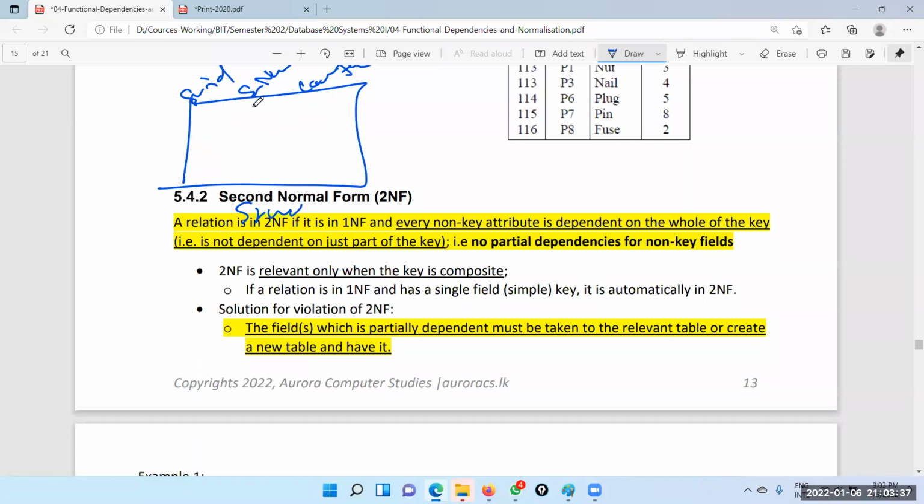Now you can clearly see that your student name depends on your student ID, which is your primary key. But if you take your course name or maybe something else related to courses, it is not related to student ID. So therefore, there's no dependency. It is sort of orphan. So then it is not in 2NF.